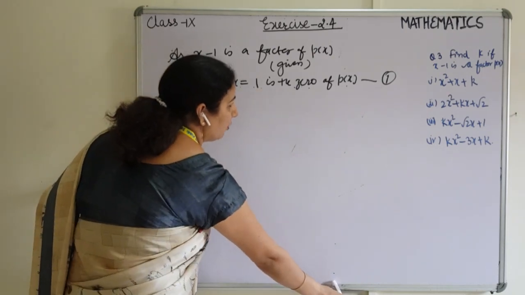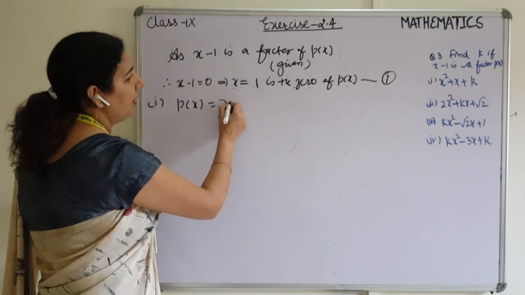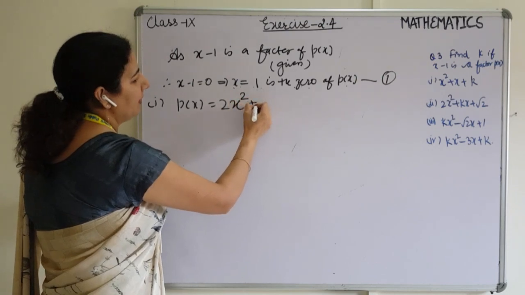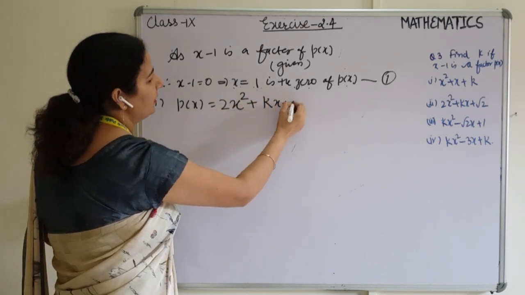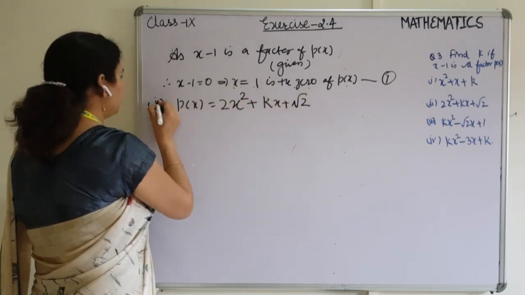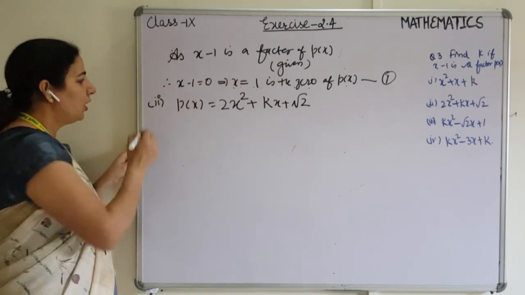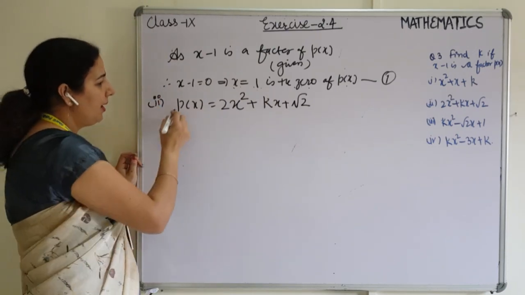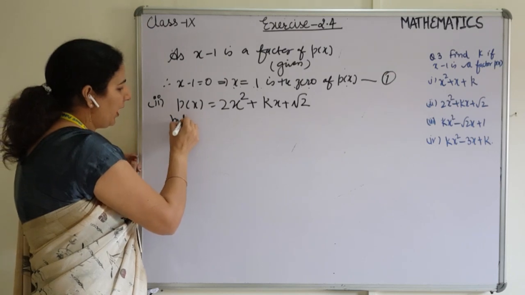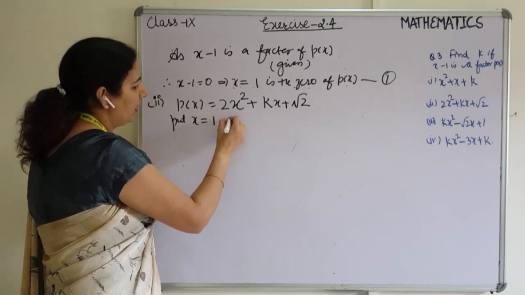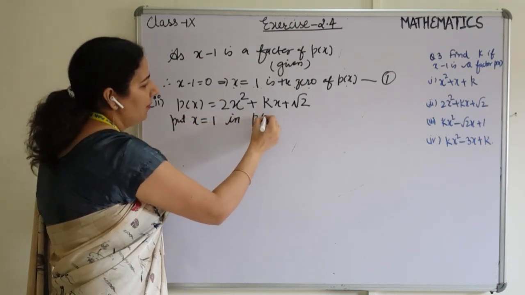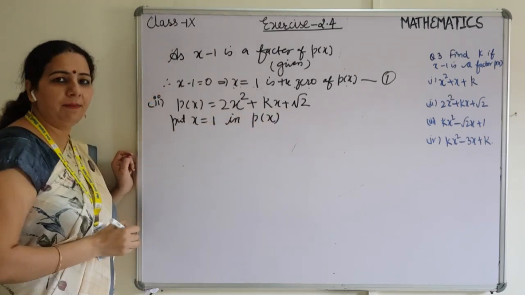For part number 2, they have given the polynomial 2x square plus kx plus under root 2. So how will we solve this part? By the same method, put x is equal to 1 in px.